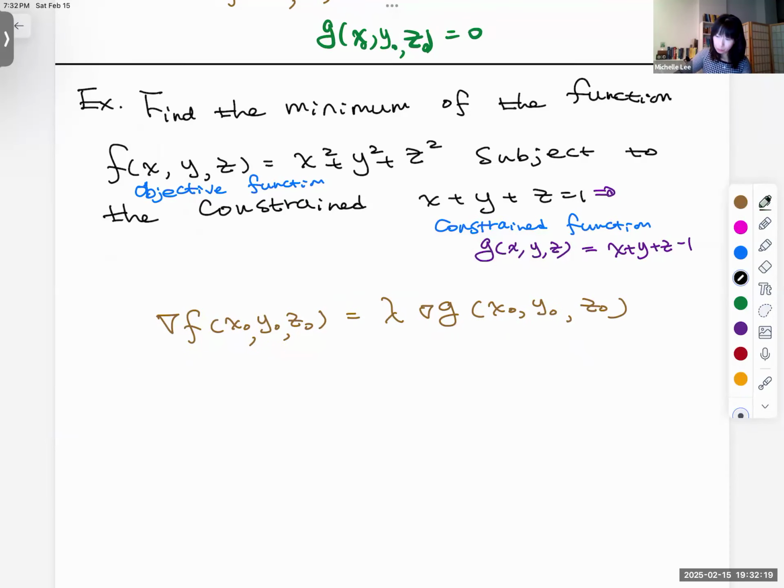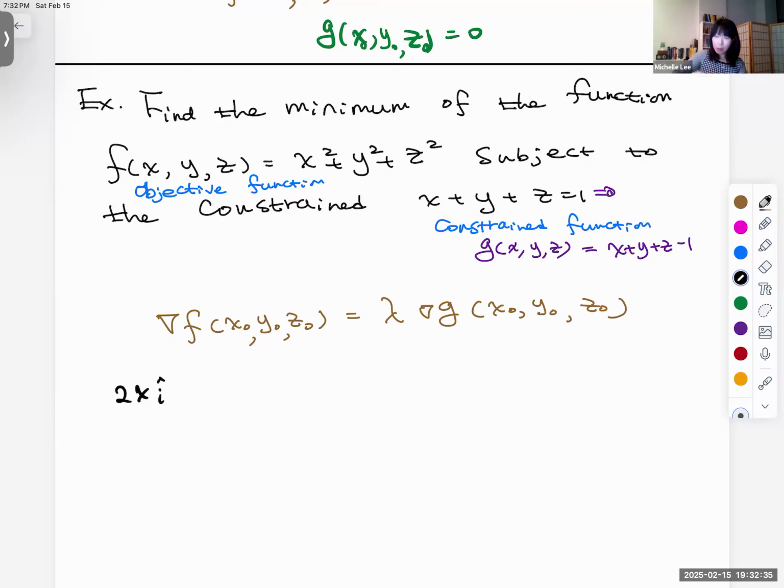So what do you get? The partial derivative with respect to x is 2x, i.